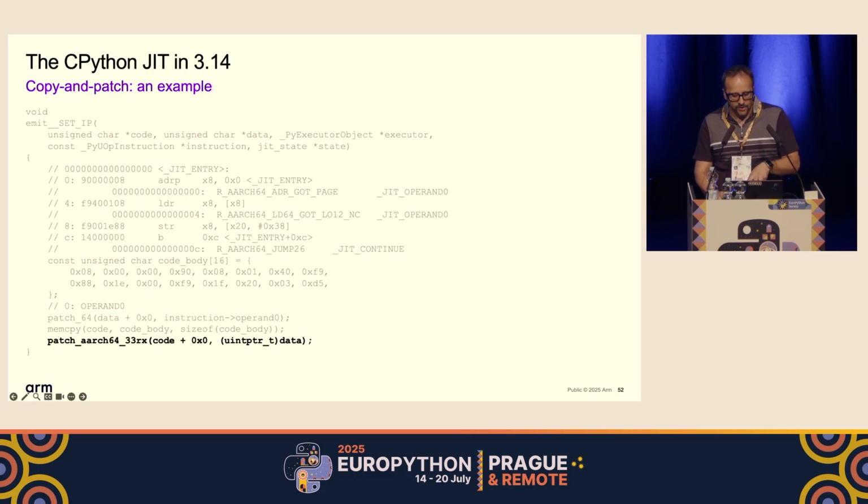That specific function tries to relax the code. It means that if the operand is close enough to the instruction pointer that we're executing, the patcher can rewrite the address page plus the load register pair, the first two instructions, into a more efficient instruction, like, for instance, the load register with a PC-relative offset.